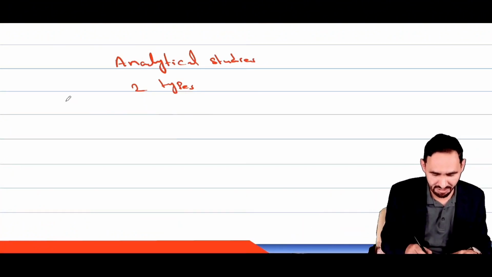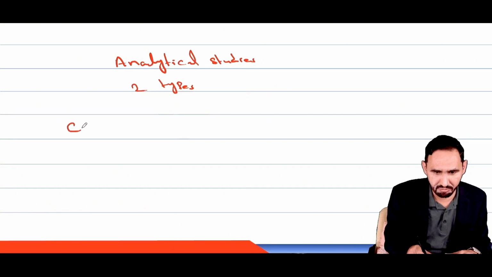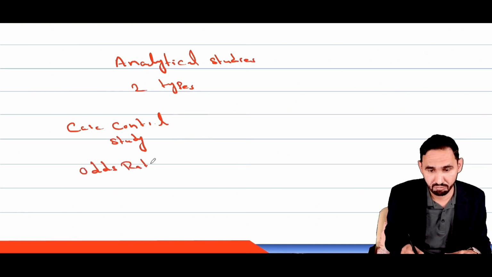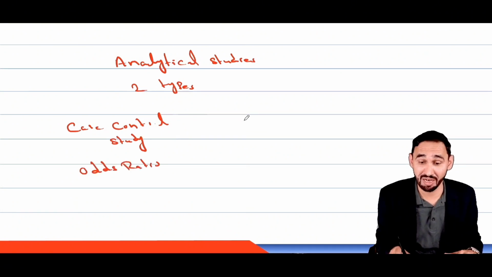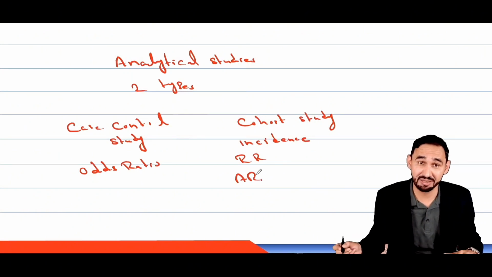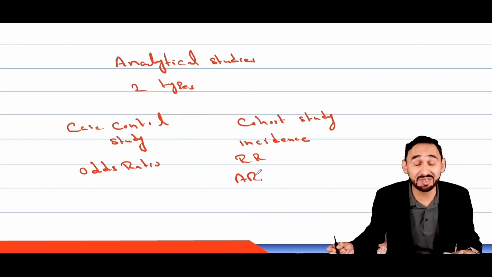So, what are major findings of case control study? Odds ratio. What are major findings of cohort study? Incidence, relative risk, attributable risk. We discussed there is bias in case control study.